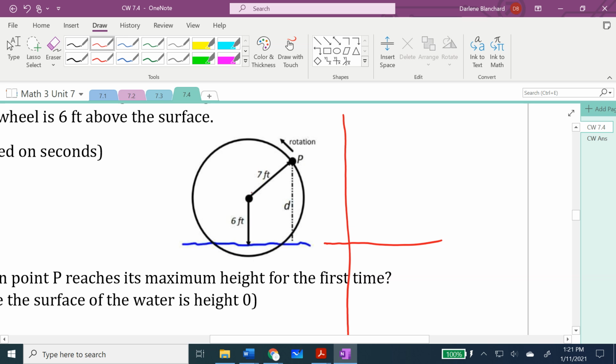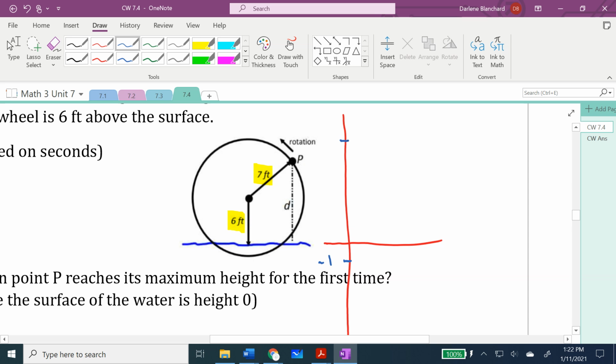And considering that the radius of the water wheel is 7 feet, and that the distance from the center of the water wheel to the water is 6 feet. That means that it goes 1 foot underneath the water. So I'm going to mark a -1, and that is the lowest y coordinate of this function.